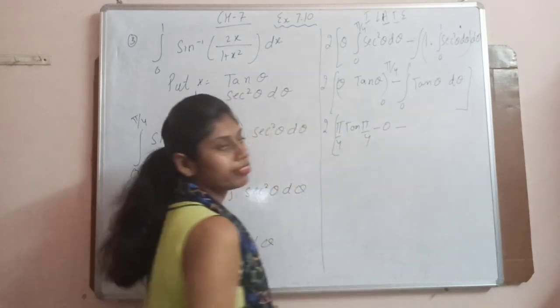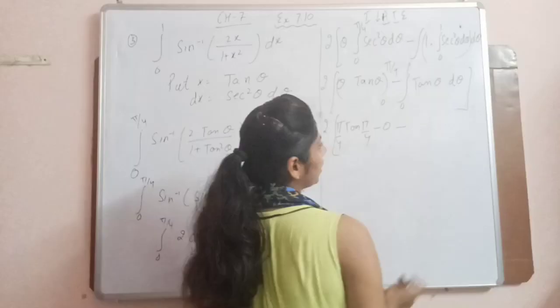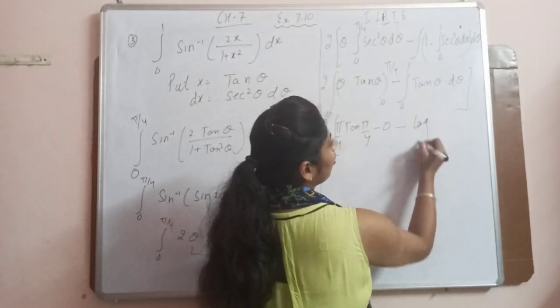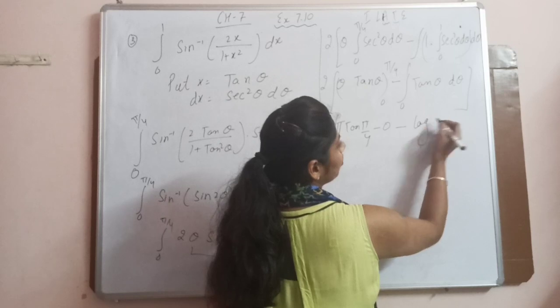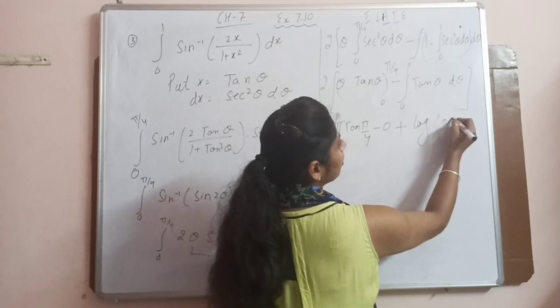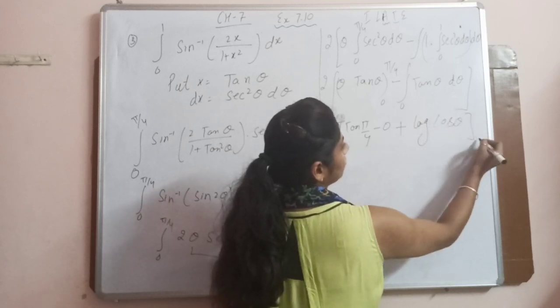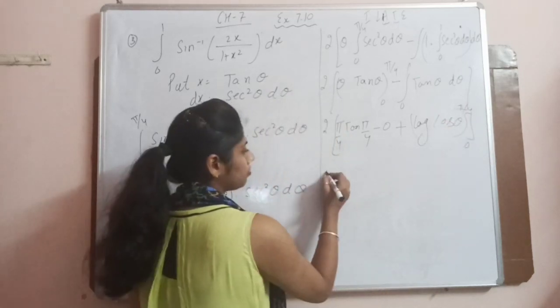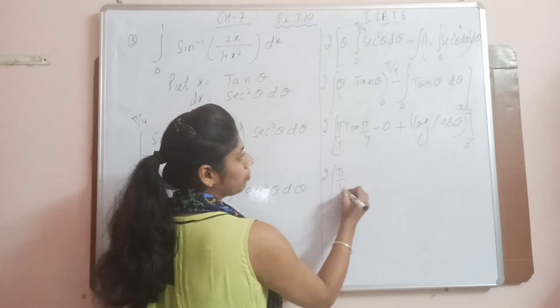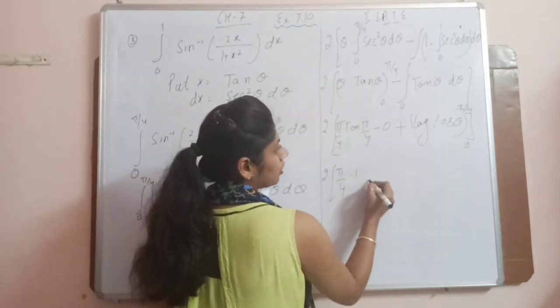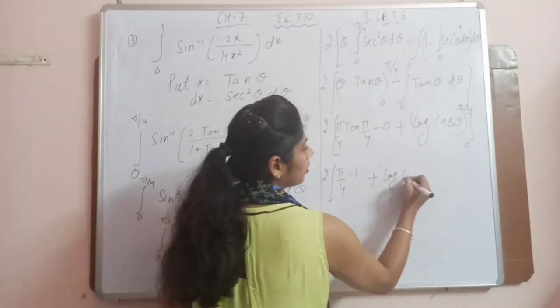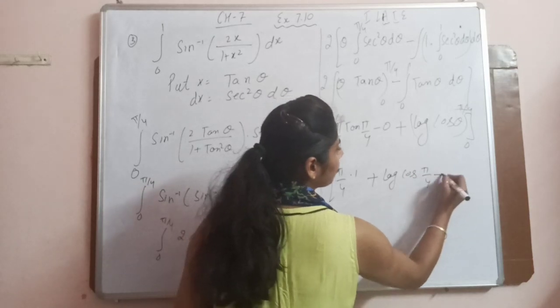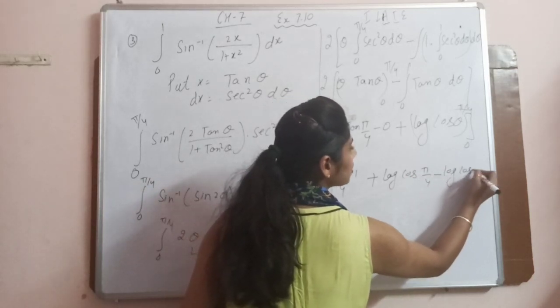Then what is the integration of tan? Log of secant, or you can write minus log of cos theta, 0 to pi by 4 again. Tan pi by 4 is 1, plus log of cos pi by 4 minus log of cos 0.